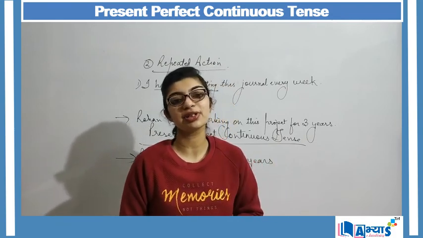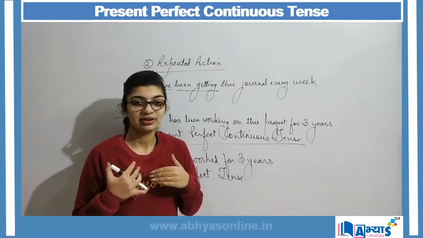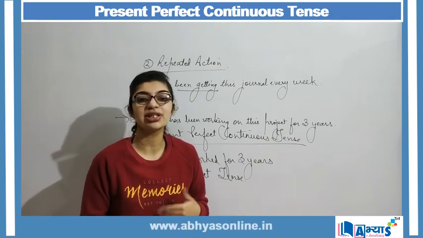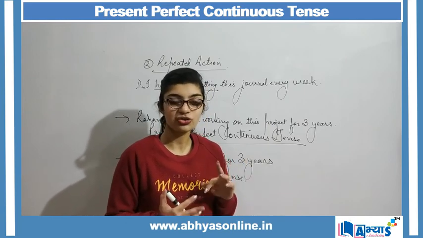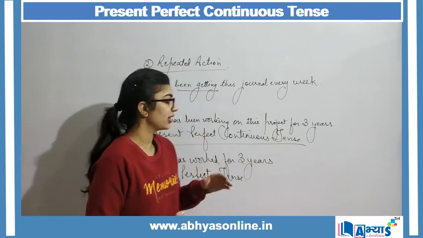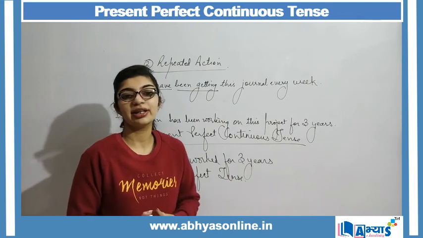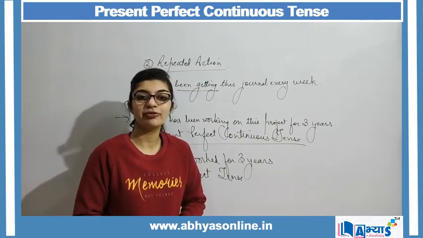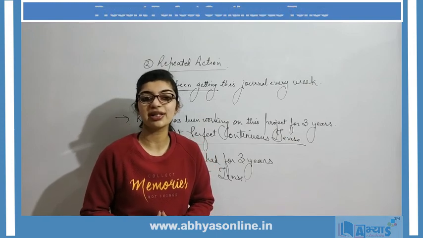Second application is that it is used to represent a repeated action. The repeated action is the action which takes place after a certain specified time. So these were the two applications. Then we also studied about this tense through various examples so that the implication is clear and therefore the concept of present perfect continuous tense is clear.